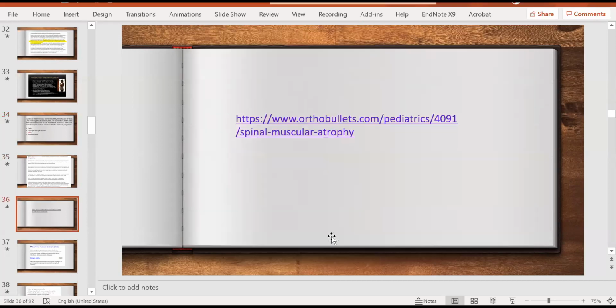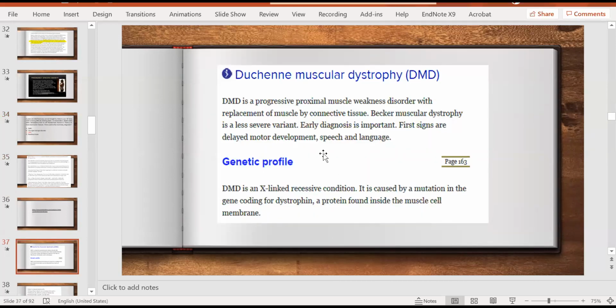Now for Duchenne muscular dystrophy, if we go through that very quickly, DMD is also a similar kind of disease. That's why it gets complicated. There will be progressive proximal muscle weakness. Similar to DMD is Becker muscular dystrophy, which is a less severe form.